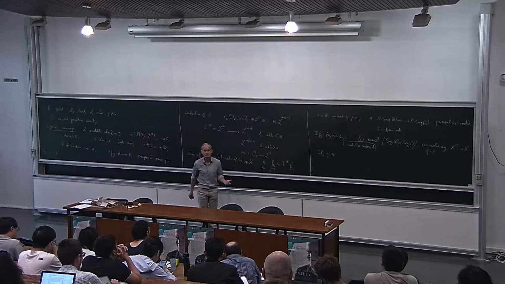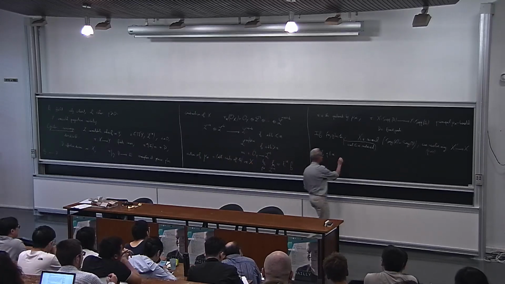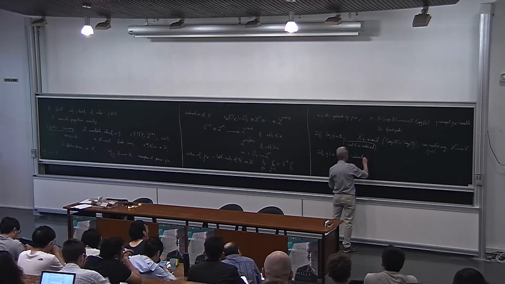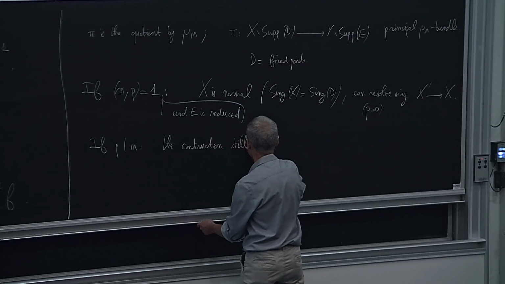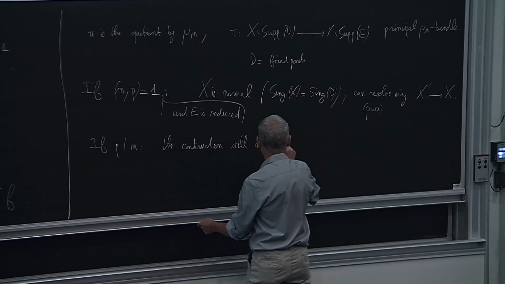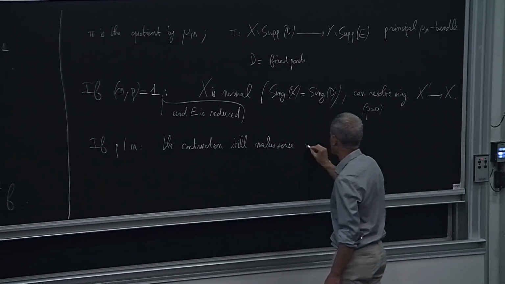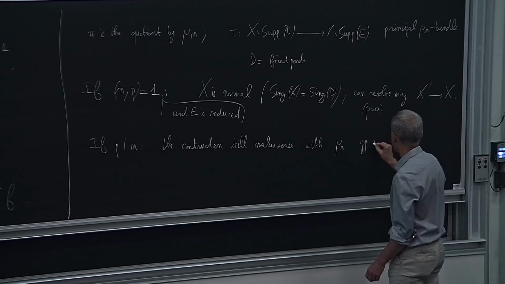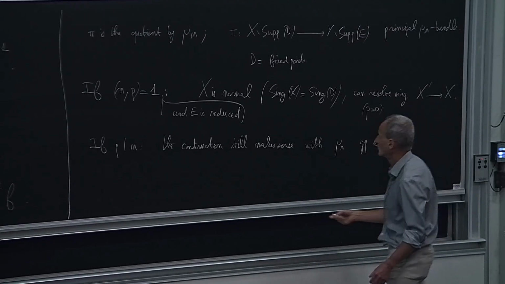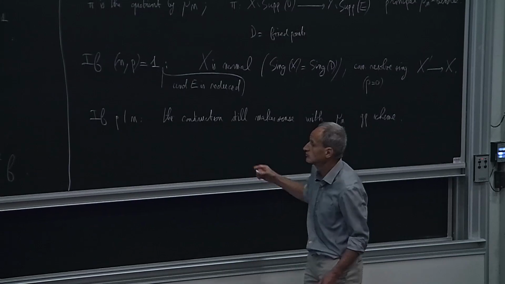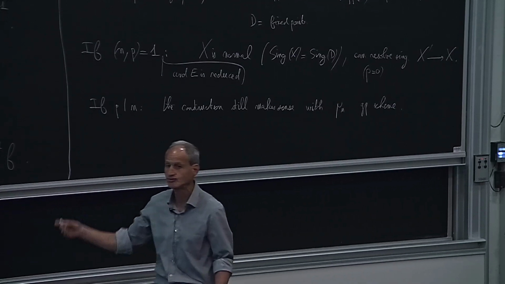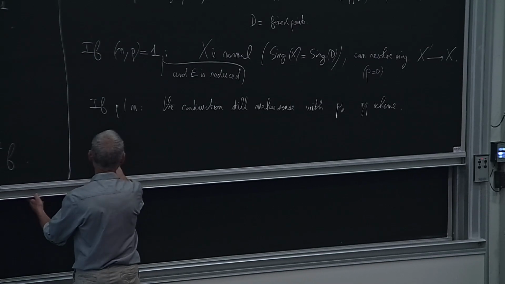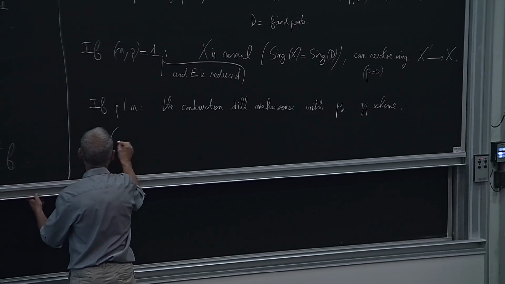A group scheme is just, consider all points with values in the bars over the ground field, so mu n of some algebra R.